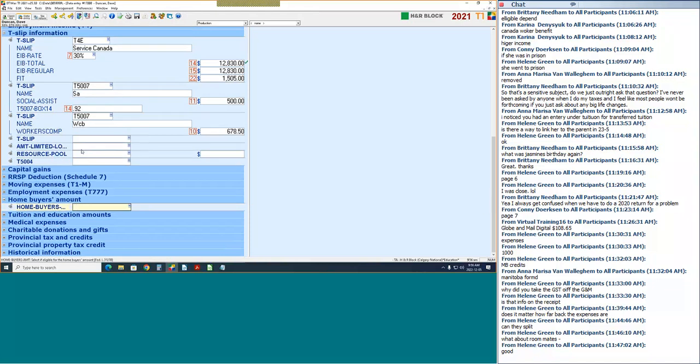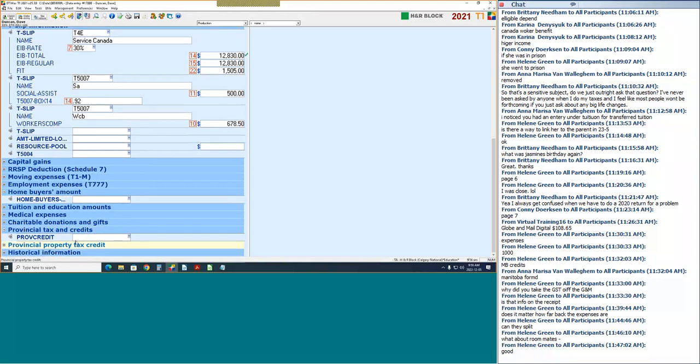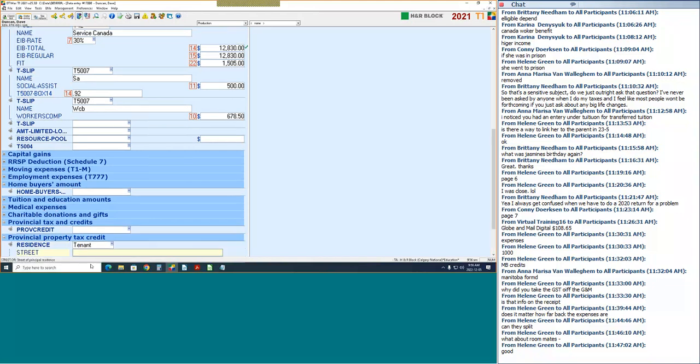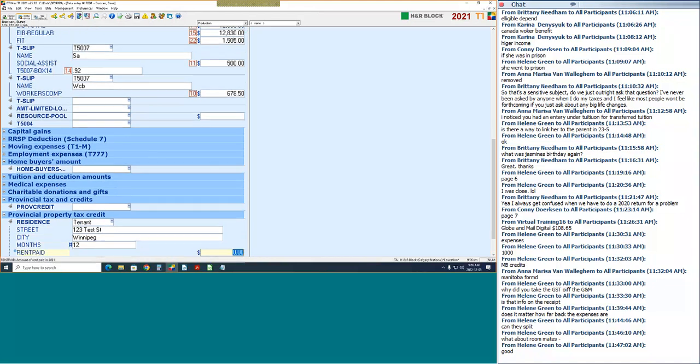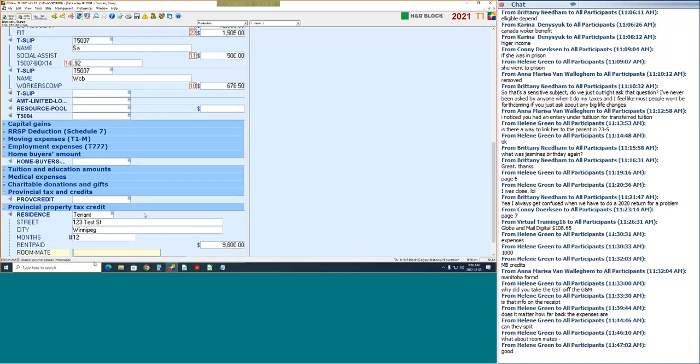Make a note. Okay, and if I put in a rent credit in this case, I'm going to put in my rent credit here. Say he was a renter in Winnipeg for 12 months. Let's say he paid $800 a month times 12 months.